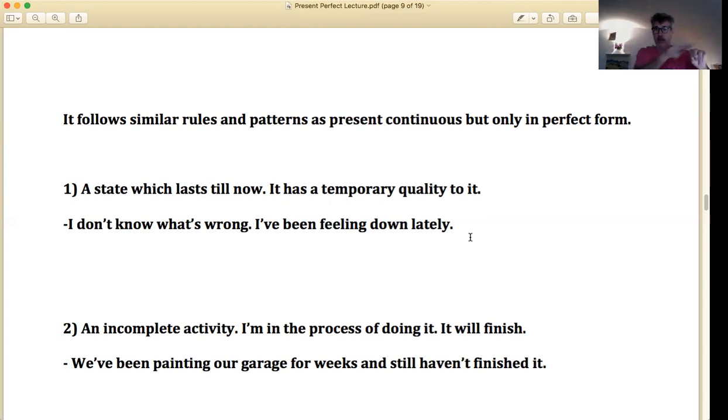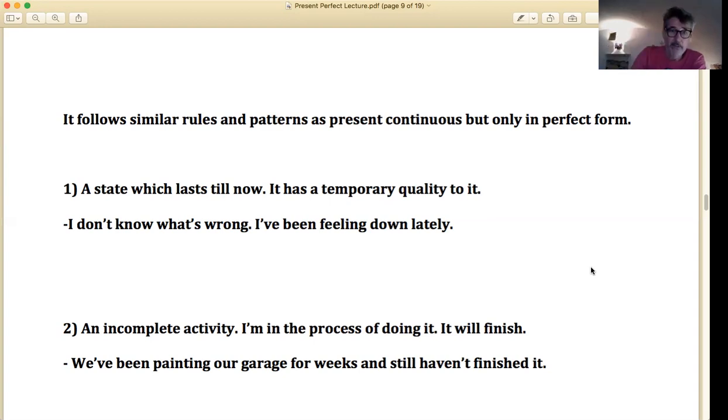But I won't forever. It's not a permanent situation. It's temporary. I'm in the middle of it, but it started back here. This is one of the places we use it.